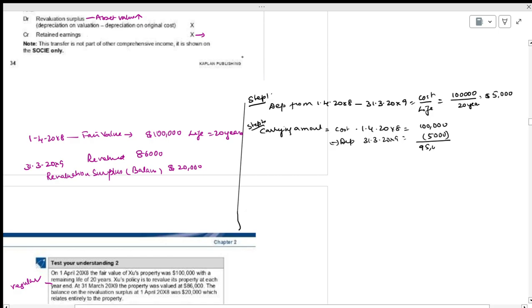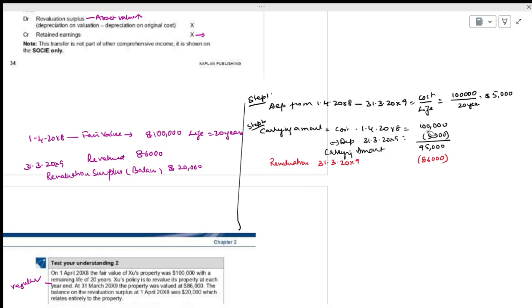Carrying amount will be 95,000. Now, what have they done? They have done revaluation on 31/3/2009. How much is the revaluation? They calculated revaluation at 86,000.